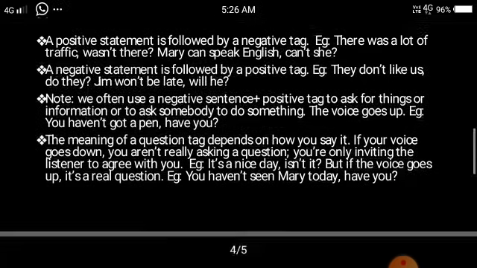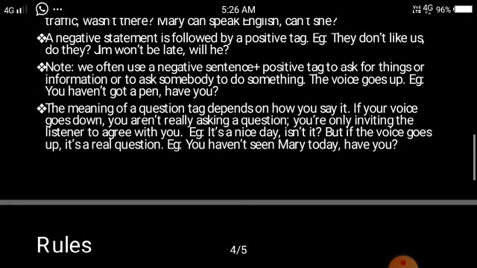Again, the meaning of the question tag depends on how you say it. If your voice goes down, you are not really asking a question, but you are asking the listener to agree with you. For example, it is a nice day, isn't it?